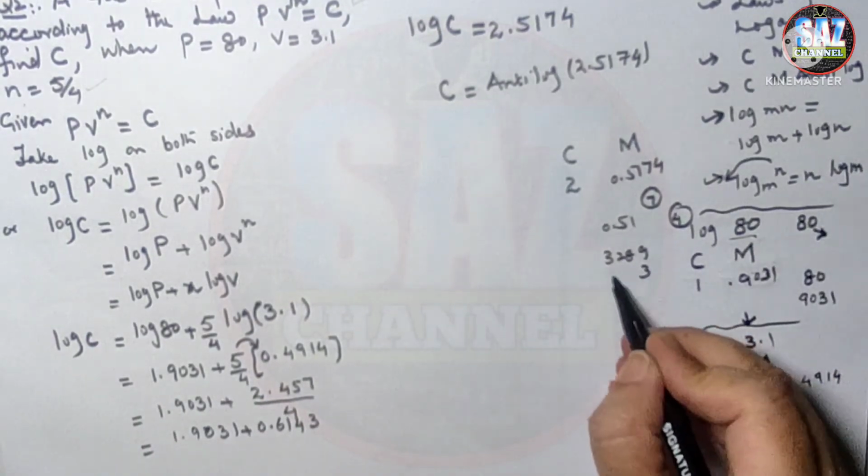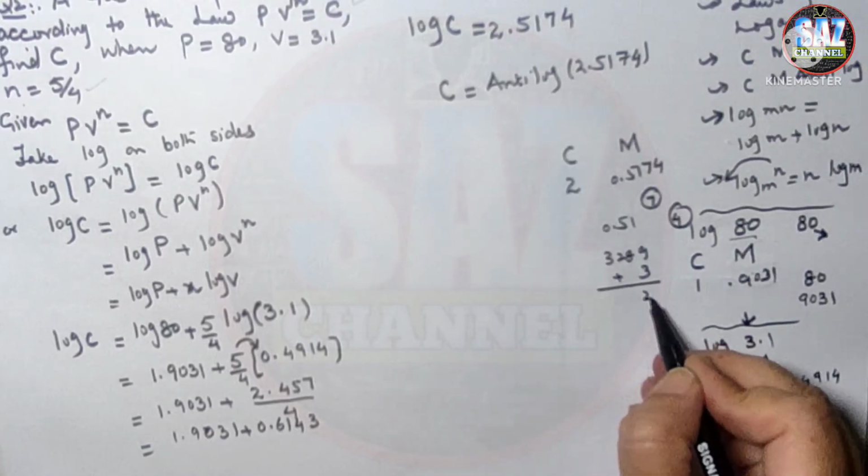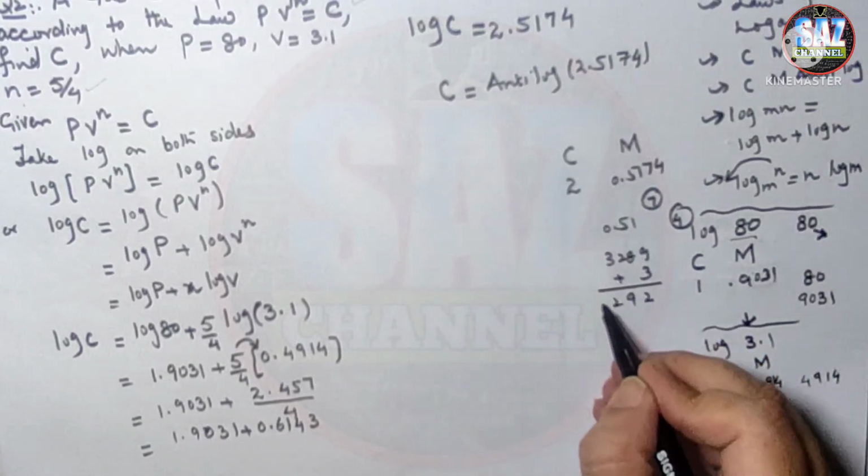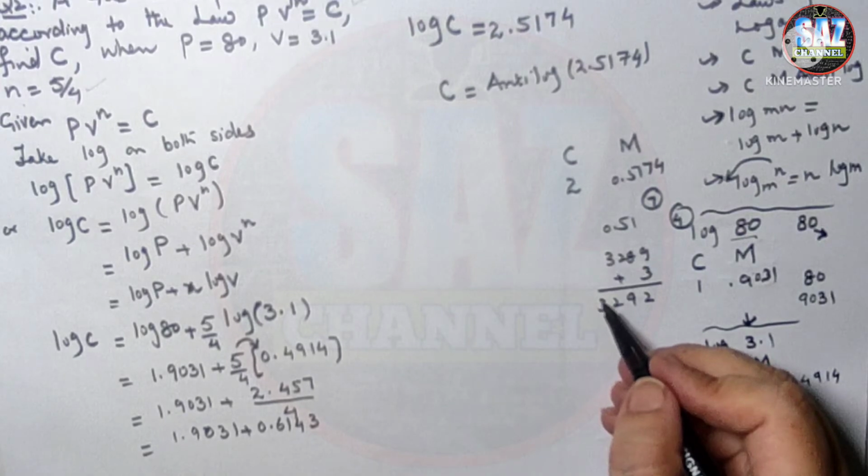So first let me add them up: 9 and 3 is 12, 8 and 1 is 9, so 3292.